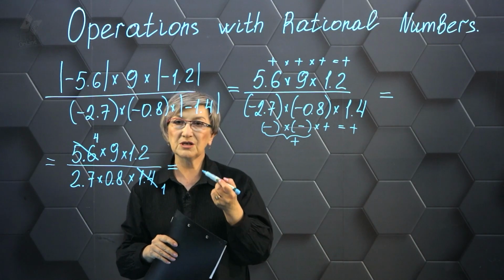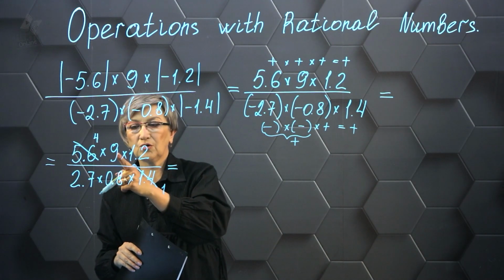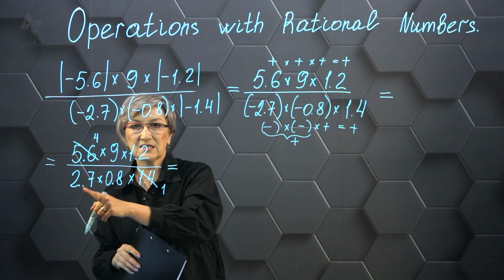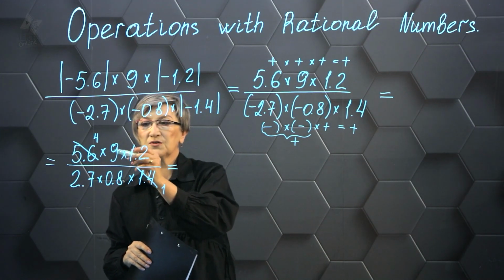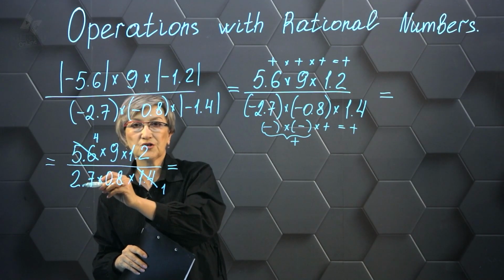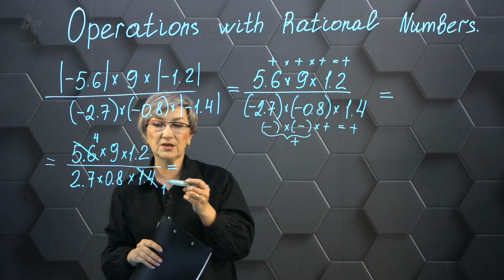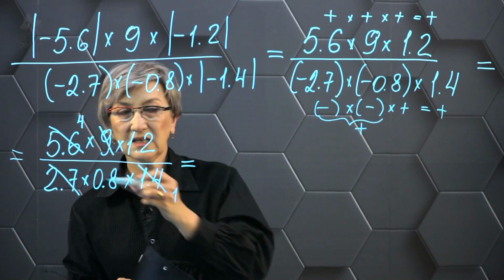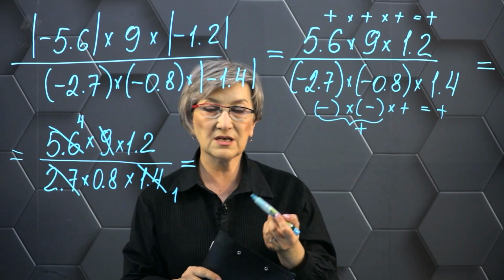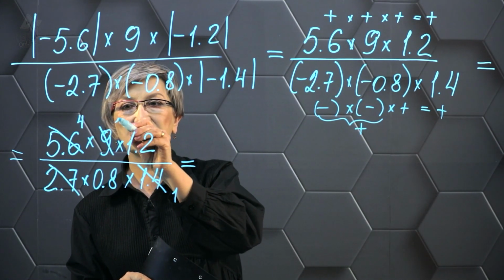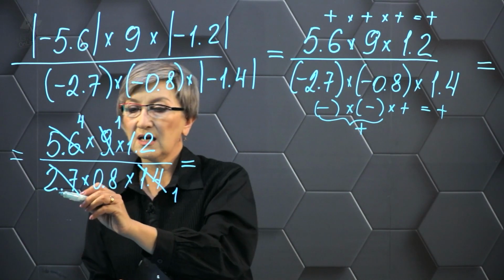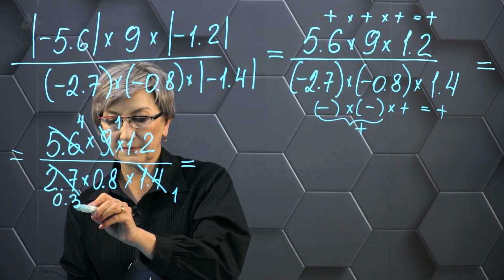Consider the following pairs of numbers. The number 1.2 and the number 2.7. Or we can take the number 9 and the number 2.7. What is the result? I can divide the number 9 and 2.7 by the number 9. 9 divided by 9 is 1, and 2.7 divided by 9 is 0.3.